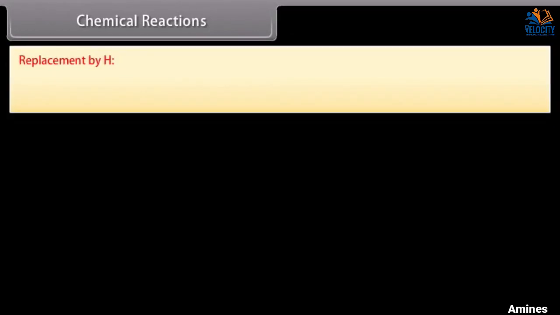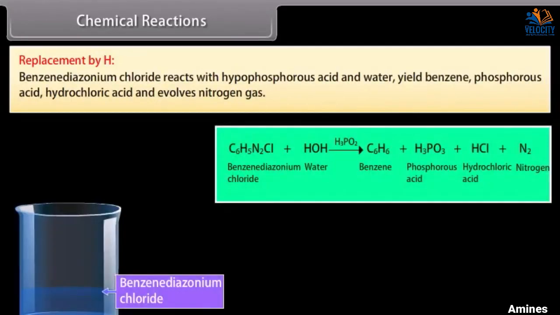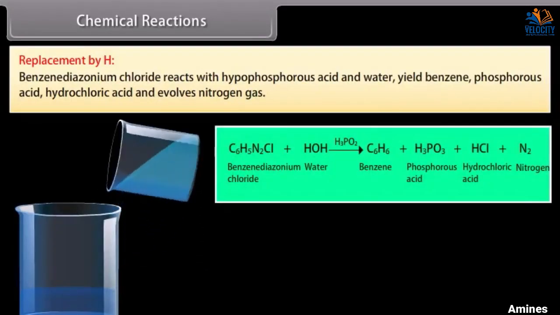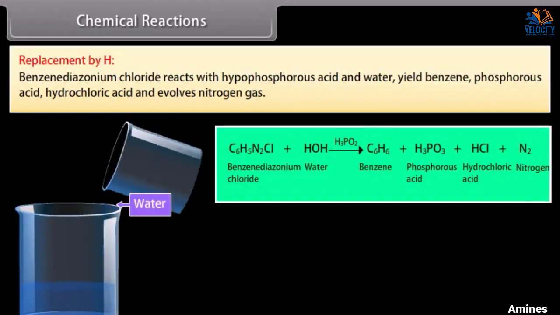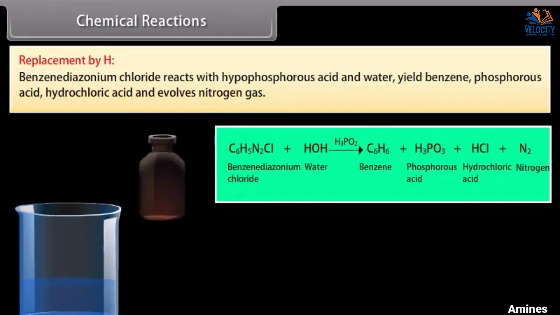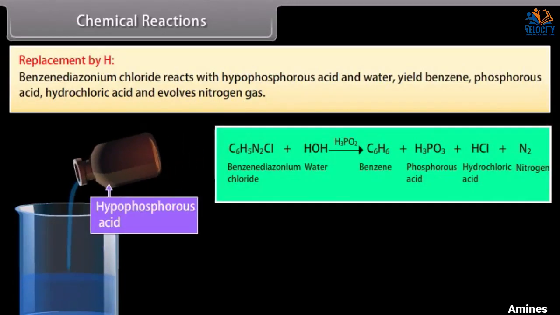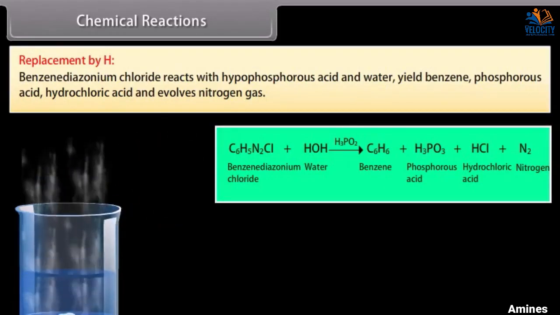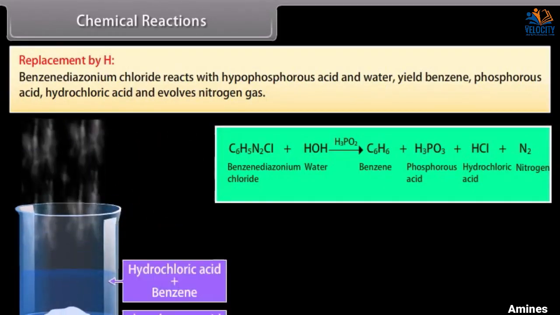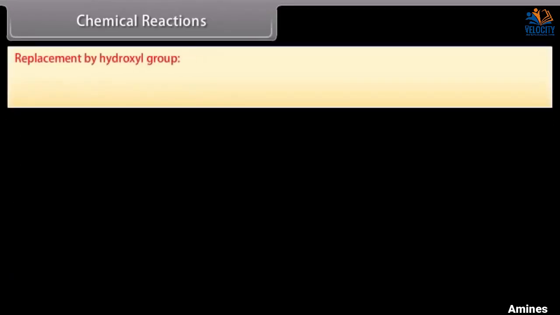Replacement by H. Benzene diazonium chloride reacts with hypophosphorus acid and water, yielding benzene, phosphorus acid, hydrochloric acid and evolving nitrogen gas. Replacement by hydroxyl group.